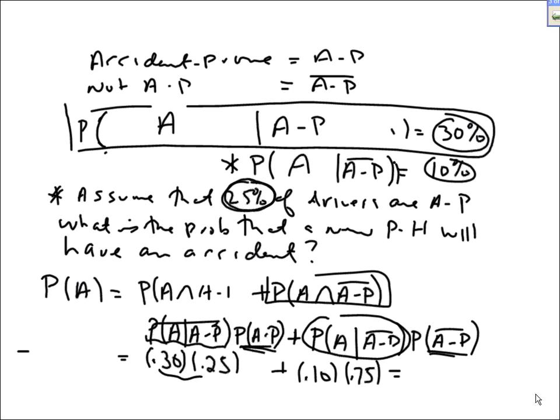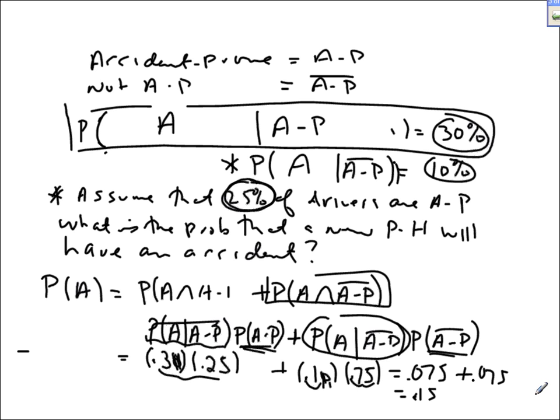And if you multiply these numbers, ignore that 0. 3 times 25 is 75, but you have to go in 3 decimal places. You may ignore that 0 as well. 1 times 75 is 75, but you need to go in 1, 2, 3 decimal places. And if I'm not mistaken, you get 15%.